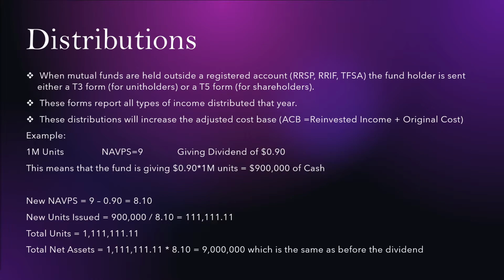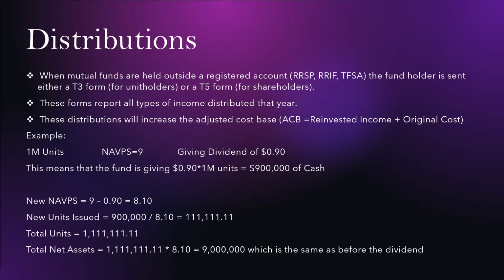And here is an example of distributions. I'm just going to go through the example here. Let's say the fund has 1 million units, and the net asset value per share is 9. That means the fund is worth $9 million in total net assets. Say they're giving out a dividend or distribution of 0.9.